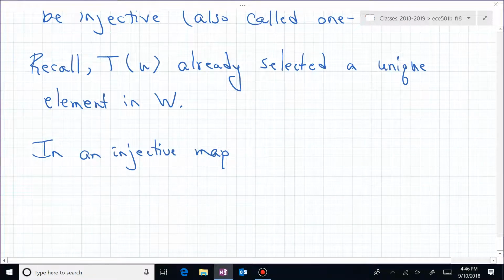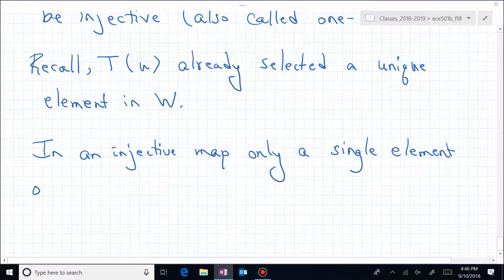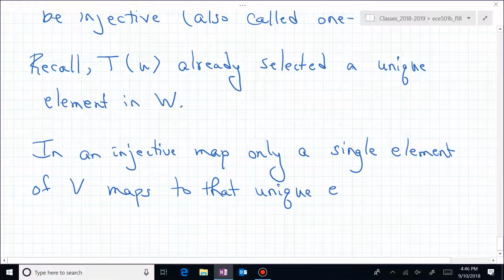What gets interesting is when we start applying it to other vectors, u, v, w, whatever. So in an injective map, only a single element of the domain V maps to that unique element in W. Here's something to keep in mind: don't read into that last comment, that T of u already selected a unique element in W, that there's only one vector that gets you to that vector in W. We're not saying that.